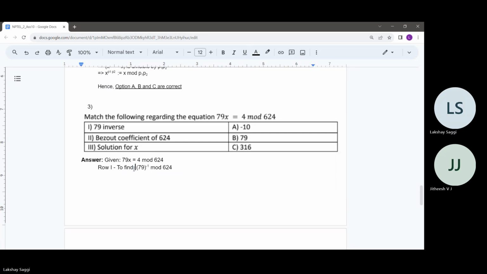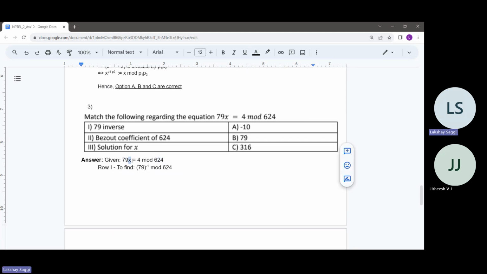The high-level idea is that this problem makes us solve the equation 79x is equal to 4 mod 624. Since 79 and 624 are co-prime, we can multiply 79 inverse on both sides.